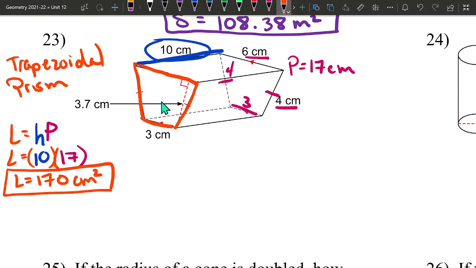And then, for total surface area, it is the lateral area plus the area of the 2 bases. So 2 times capital B, the area of the base. So I have 170 for the lateral surface area plus 2 times, well, I need to figure out what the area of the base is.